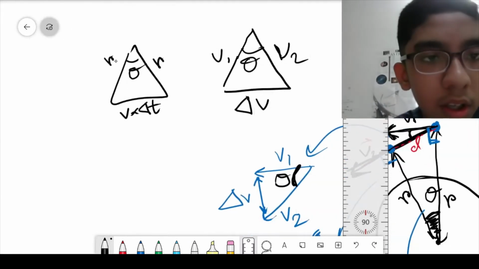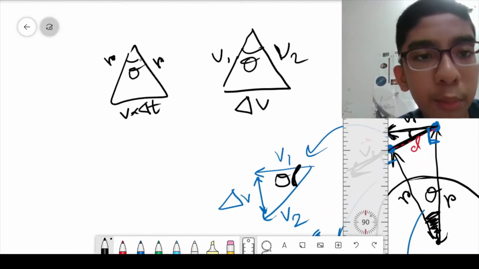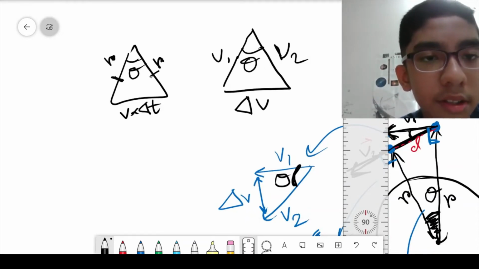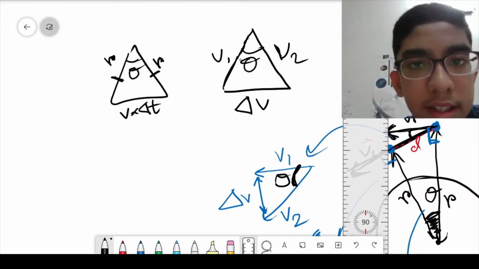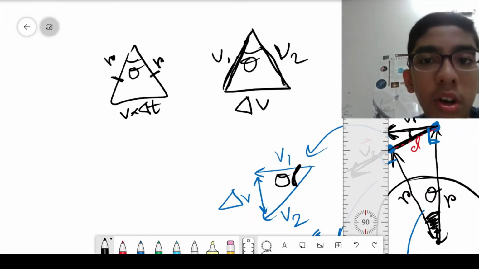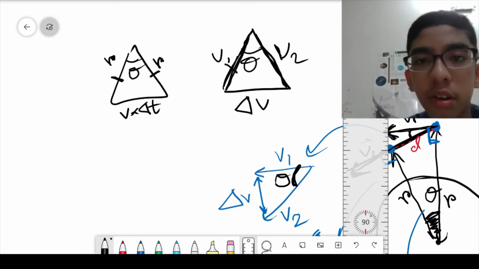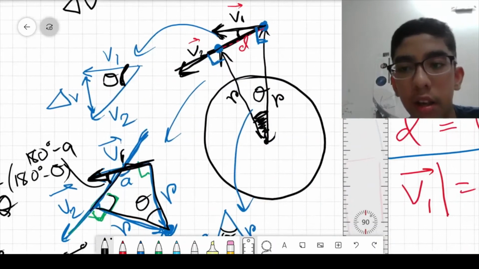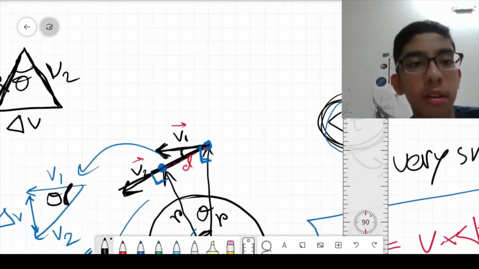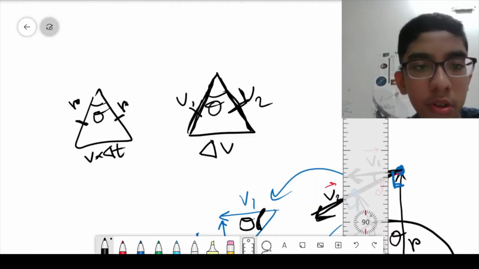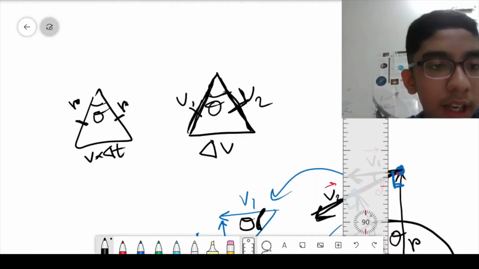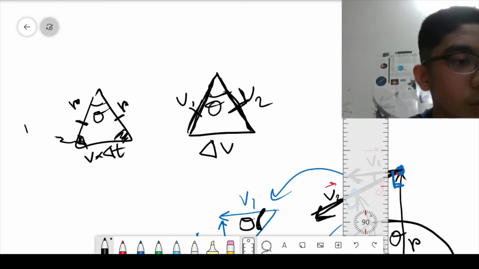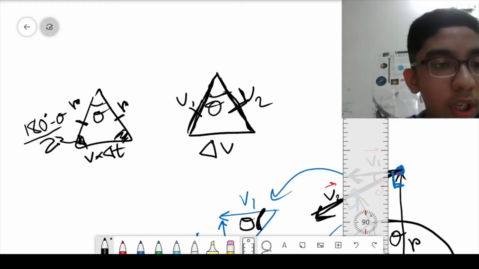Now observe something. Both of these triangles are isosceles. Both of them have sides r, and see, this length actually represents the magnitude of v1. So we know that the magnitude of v1 and v2 is equal, and they're equal to v. So this is also equal. So we have found an isosceles triangle. The base angles of an isosceles triangle are equal, and this will be 180 degrees minus theta, divided by 2.